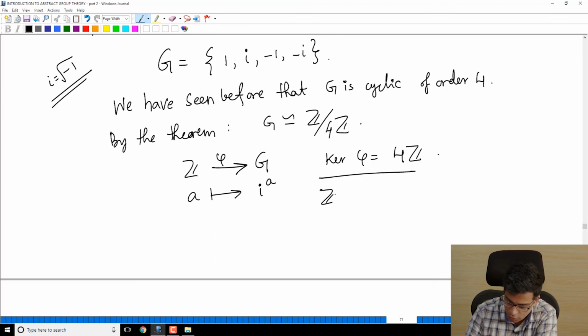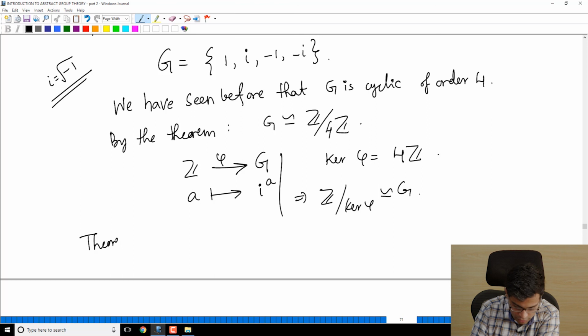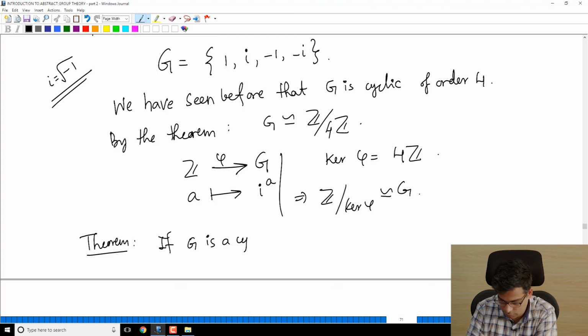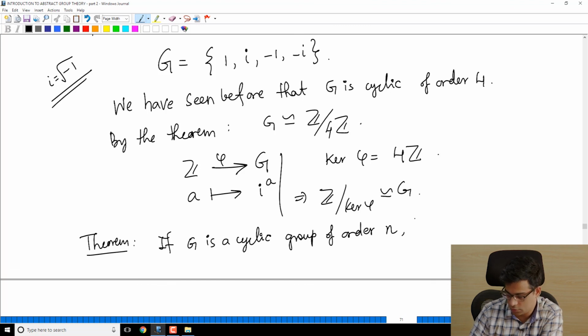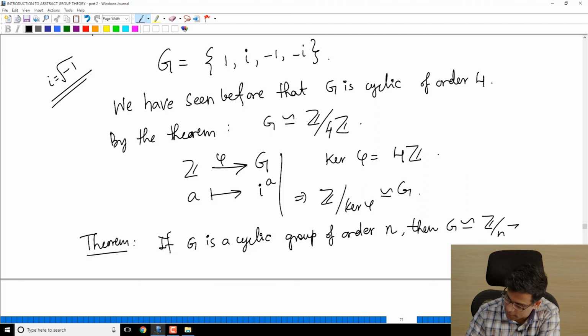So the theorem written in a more precise fashion is: if G is a cyclic group of order n, then G is isomorphic to Z mod nZ.